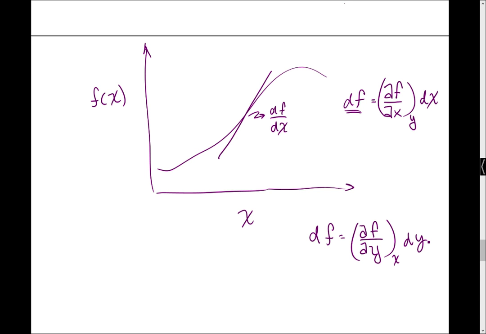And then if I want to generalize and say, what if I change both x and y, right? Then what I can do is I can say df is equal to this term plus this term. And that will give me the dependence upon changes in x and y independent of each other. Does that make sense to everybody?